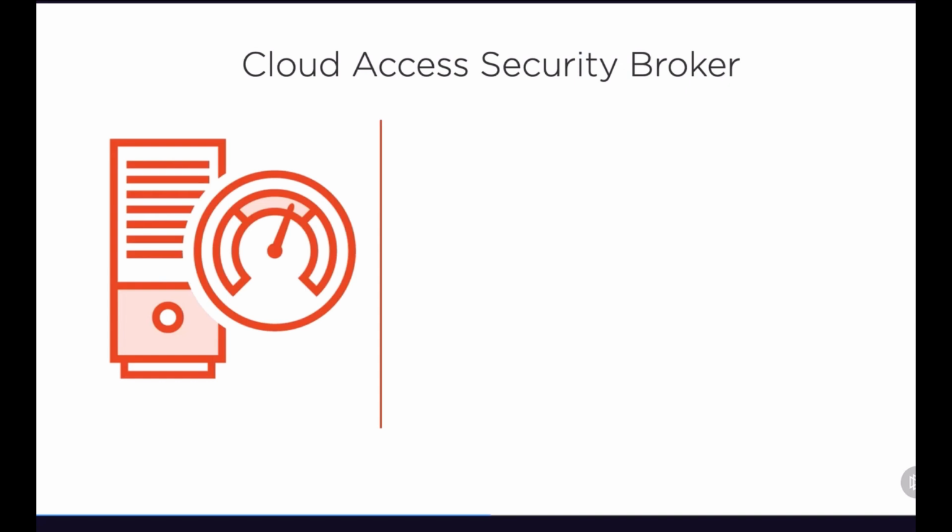One of the tools that's been useful for organizations is to use a CASB, a Cloud Access Security Broker. The purpose of a CASB is to do exactly as it says, monitor cloud access, and therefore give us a glimpse into the security we have.